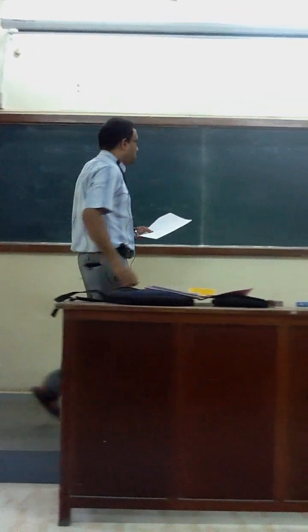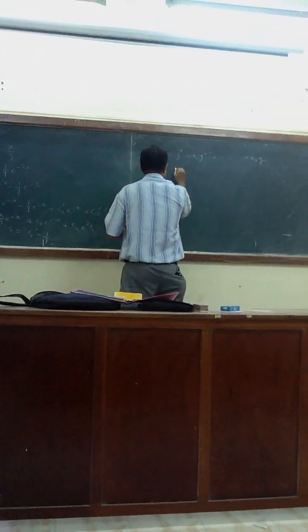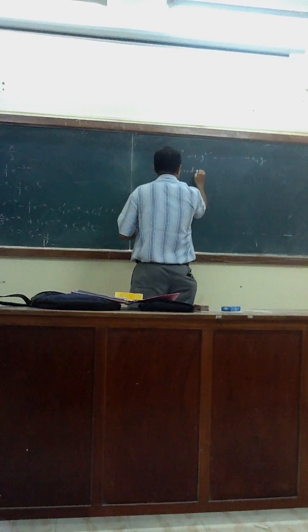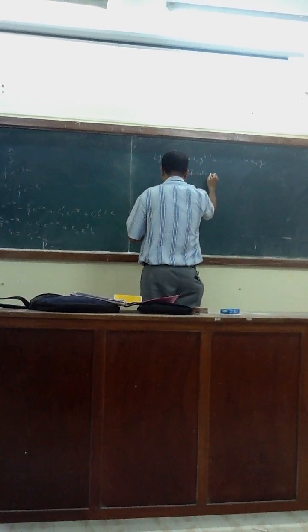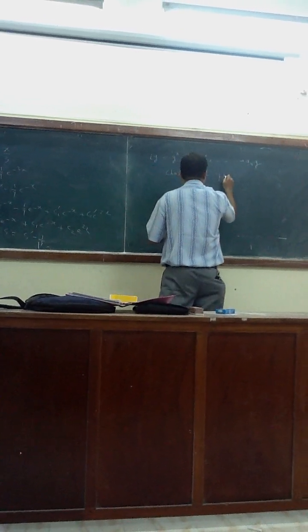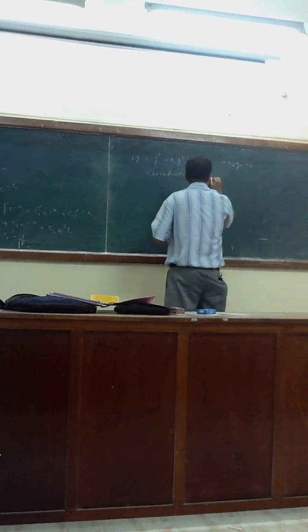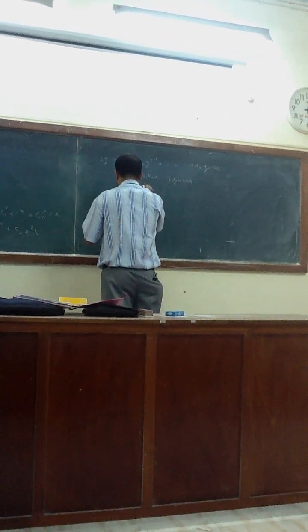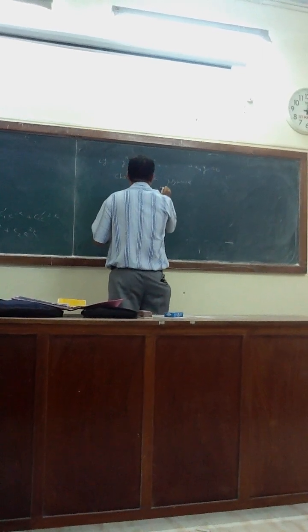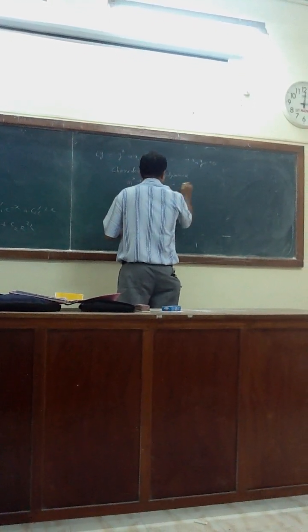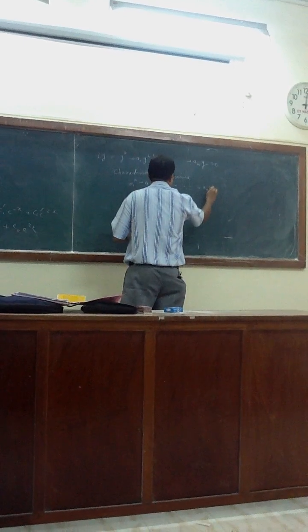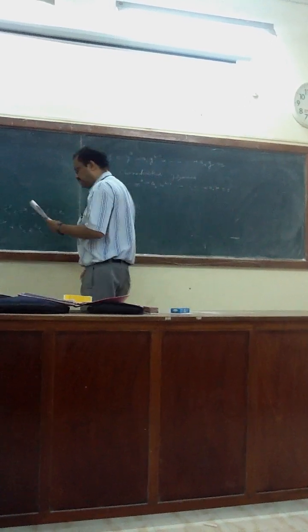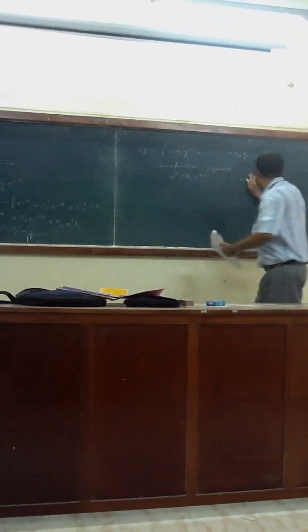If you do the trial solution, the characteristic polynomial for the homogeneous equation will be m to the power n plus a1 m to the power n minus 1 plus and so on plus an equals 0.